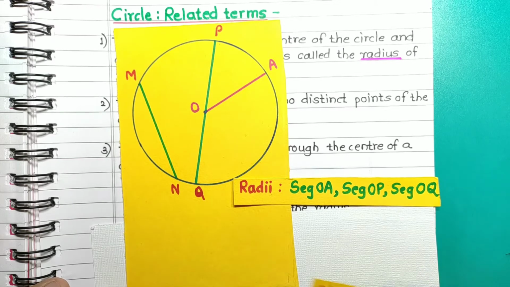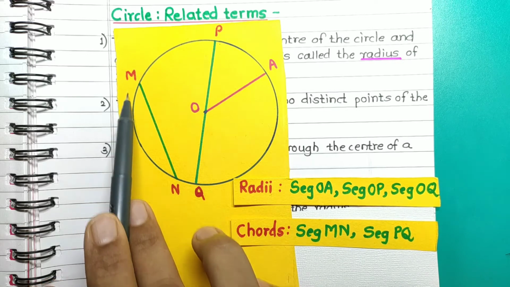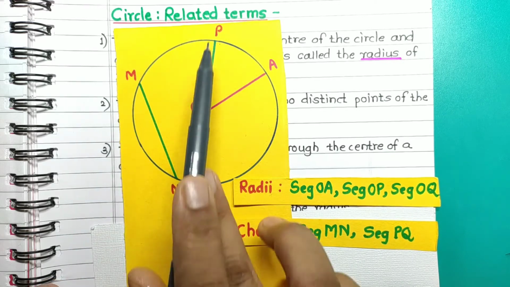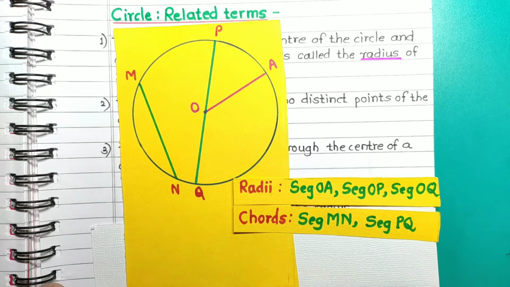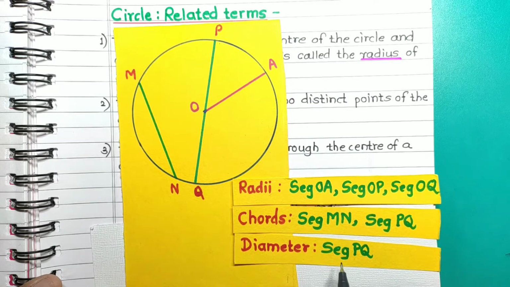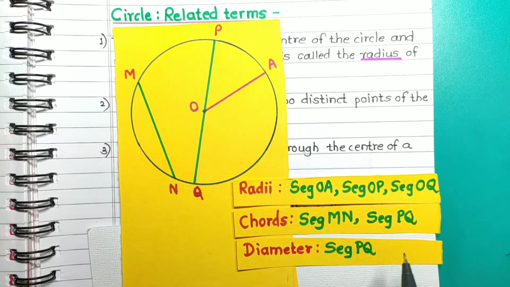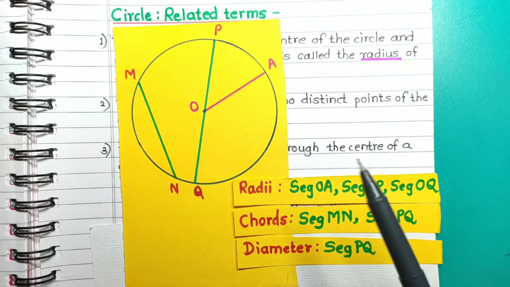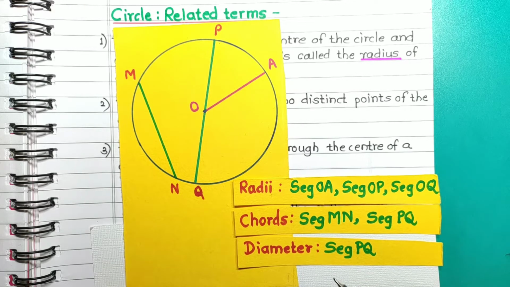And see, segment MN, segment PQ are chords, and segment PQ, that is chord passing through center, is diameter in this figure. So students, you recall all these concepts: the definition of circle, what is center of circle, radius of circle, chord of a circle, and diameter of a circle properly.